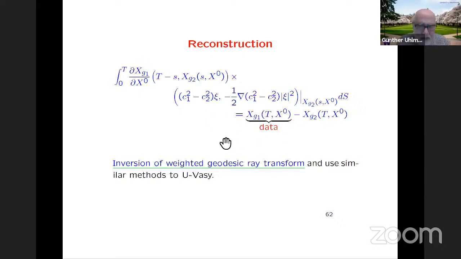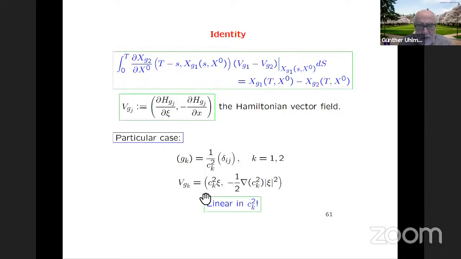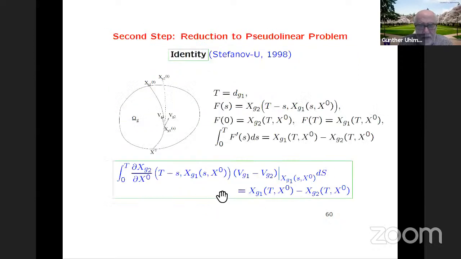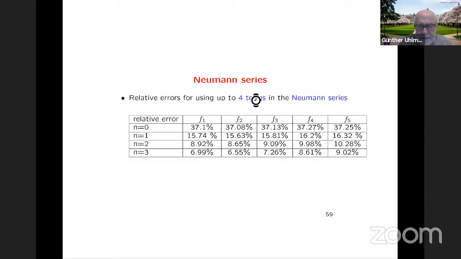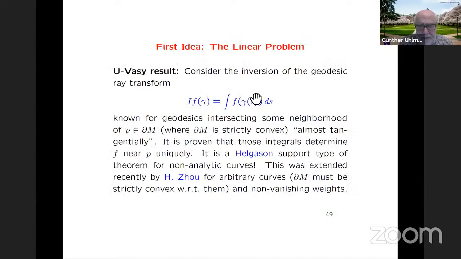So it's reduced essentially to an inversion of a weighted geodesic transform. And we use the methods that we introduced before. So the two ideas are this inversion of this transform locally, and then this pseudolinearization, which you can apply to any flow.